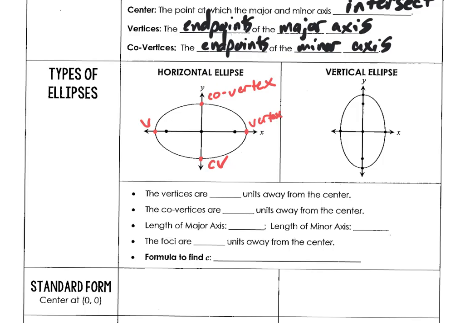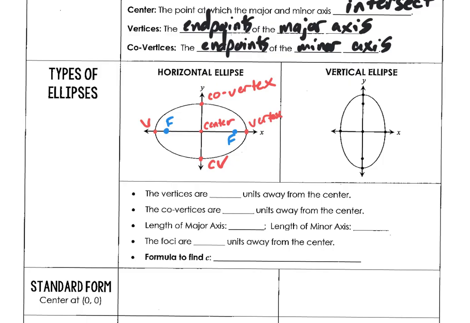I'm going to label it CV. So we have two vertex points and two co-vertex points. The point right here in the middle is my center. And the two points on the inside of that ellipse are called the foci points. The two foci are always going to land on the major axis. They'll always be on the bigger axis, not the shorter axis.